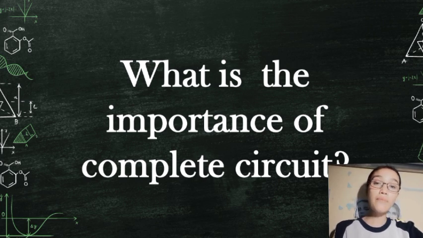Alam natin na yung electric current nag-flow siya pag kumpleto yung walang interruption doon sa connection ng source para mag-flow yung current. So, any break in this connection will stop the flow of the current. This is why it is crucial to handle batteries carefully, never connecting their terminals directly without a load.